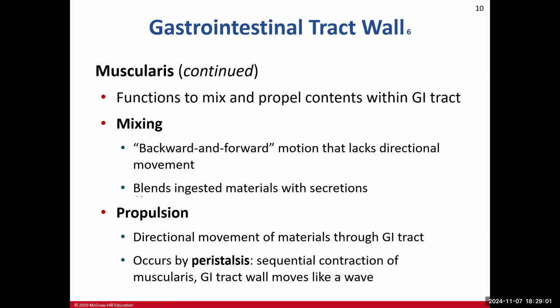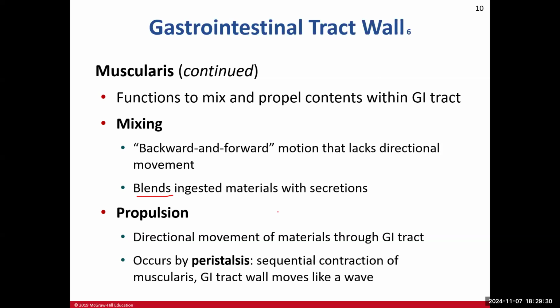And it is going to help mix things up, almost like a cement mixer. So if you look up here, as I'm sloshing this water back and forth in this water bottle here, that's essentially what that inner layer does. It causes the movement of the ingested materials to slosh back and forth, and that does a couple things. It helps with mechanical digestion, and it helps mix those enzymes and those secretions into the ingested material.